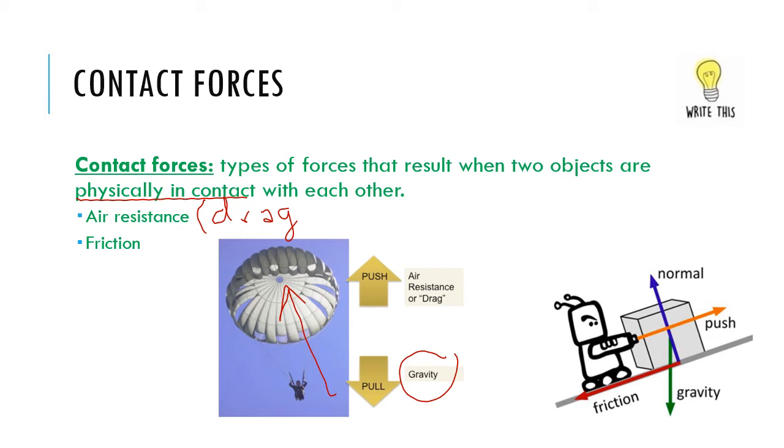And another one that we have is friction. Friction, if our object is moving one way, kind of like this robot pushing this box up the ramp, friction is going to be that force that's moving in the opposite direction. Pardon my handwriting. Getting used to this. Right?